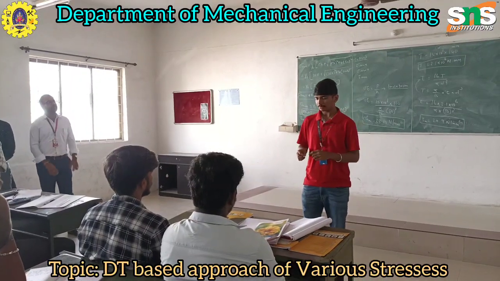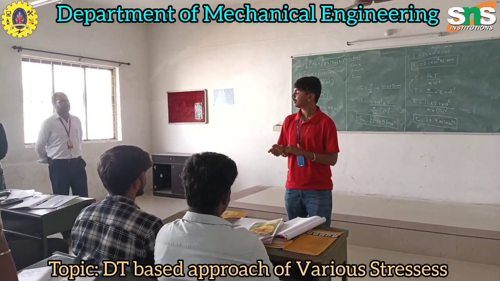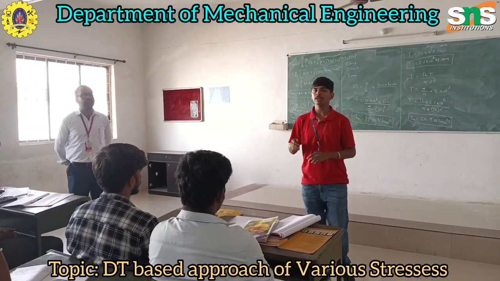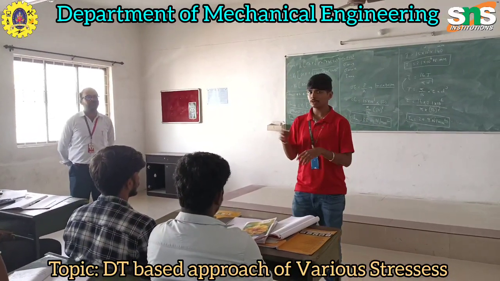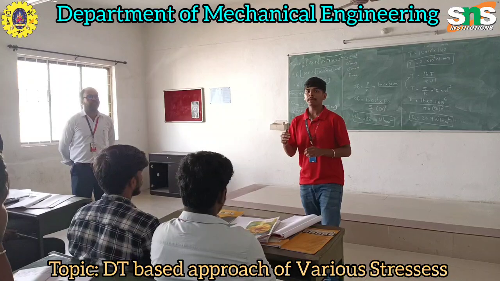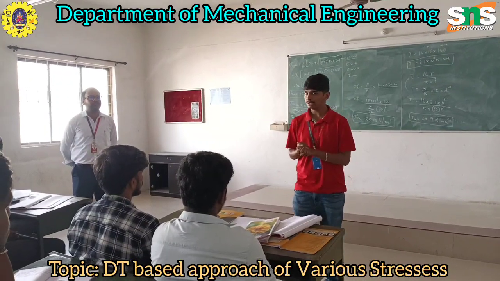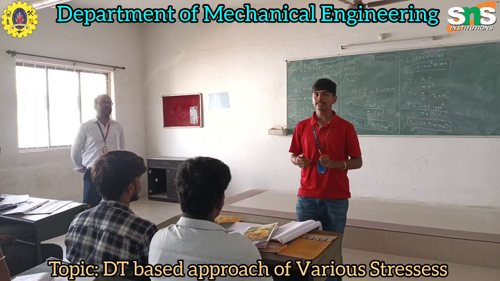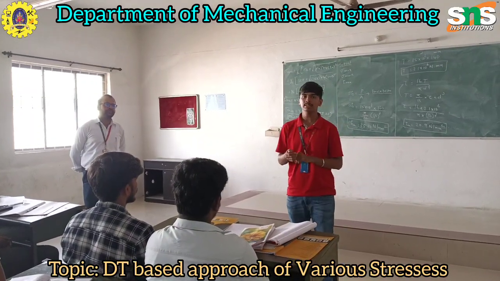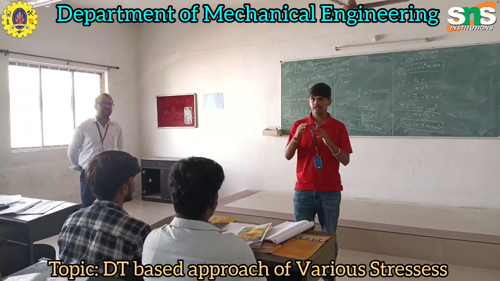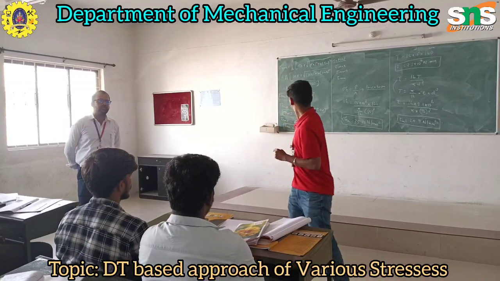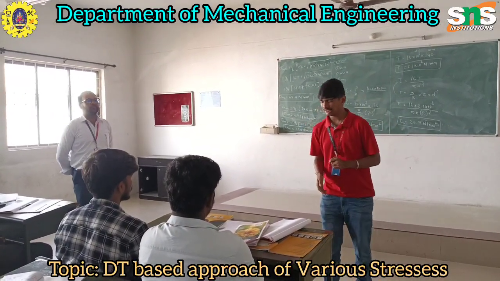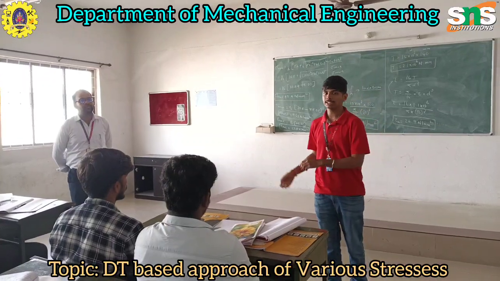The formula for maximum principal stress is sigma max equals 1 by 2 of the bracket sigma plus root of sigma square plus 4 into shear square. Similarly, for the minimum stress, sigma min equals 1 by 2 of sigma minus the root of sigma square plus 4 into shear square.